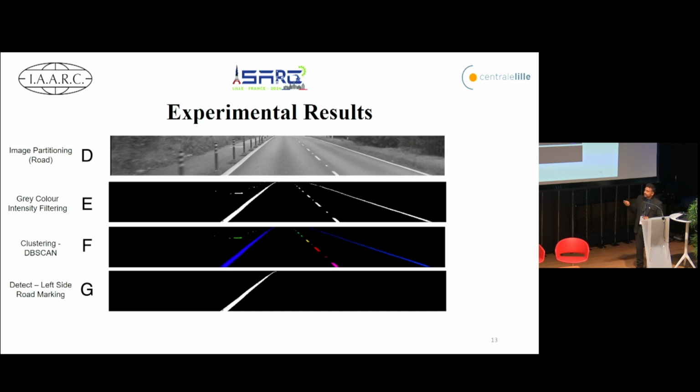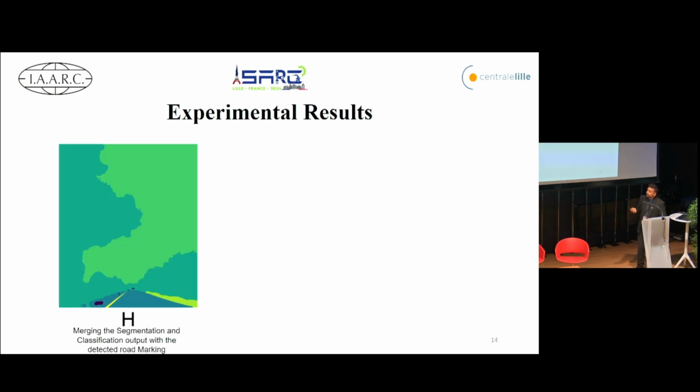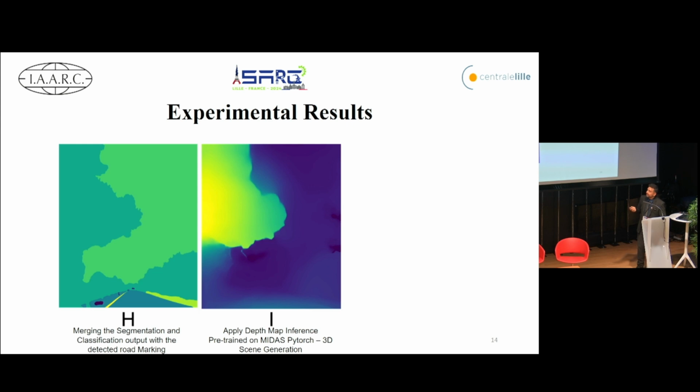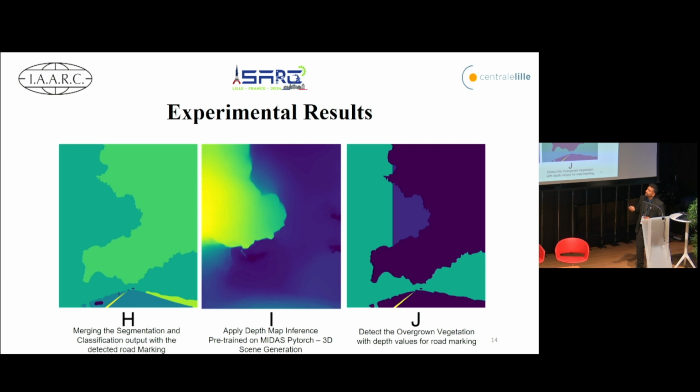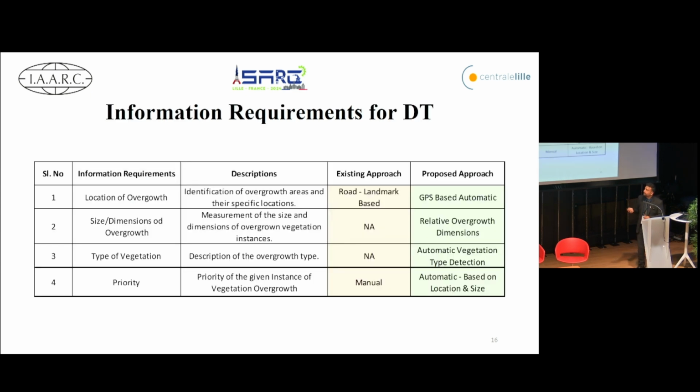We clustered using DBSCAN and detected the left-side road marking. Finally, we projected the road marking onto the vegetation, and using PyTorch we got the depth map from the image and detected what part of the overgrowth is outside. Then we measured this overgrowth relative to the dimensions of the road, from road marking to road marking at the same depth, and found around 44% overgrowth for the roadway.